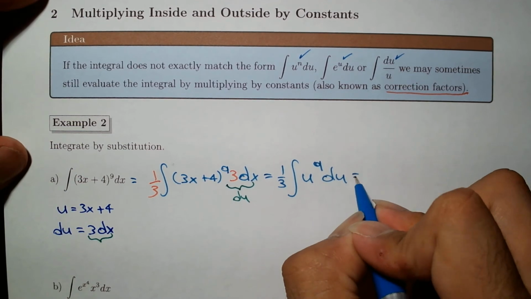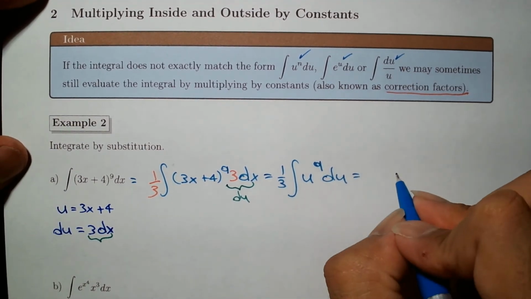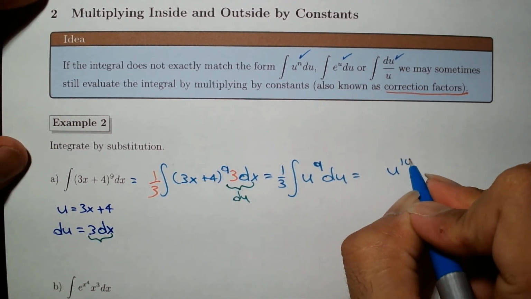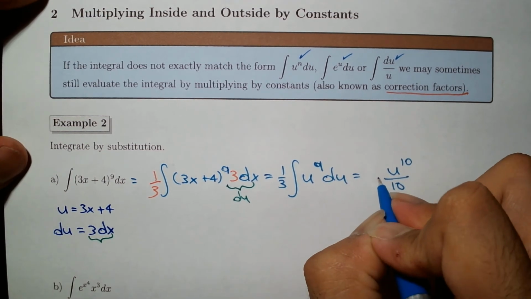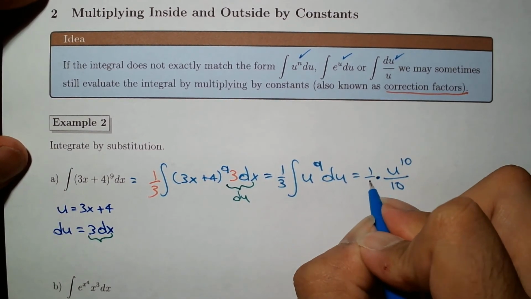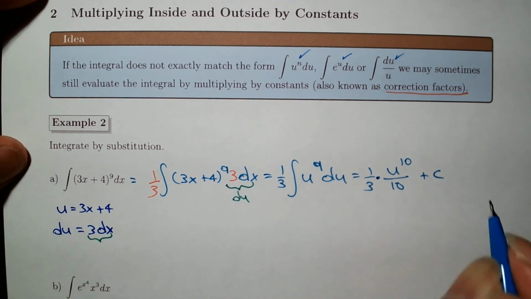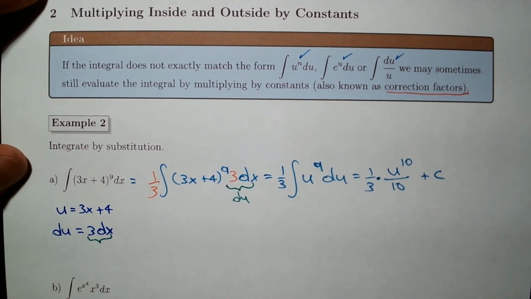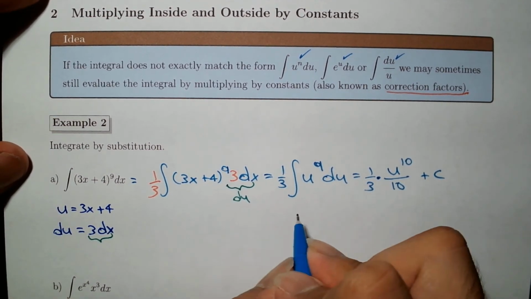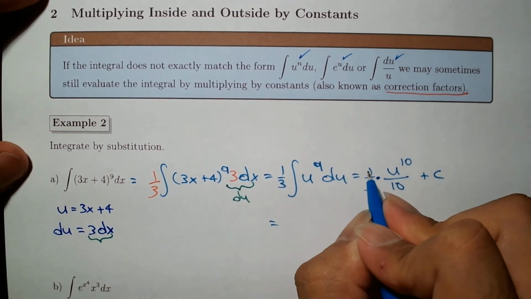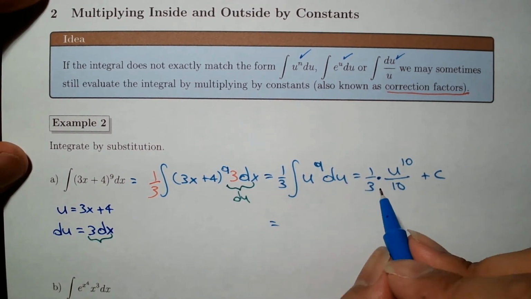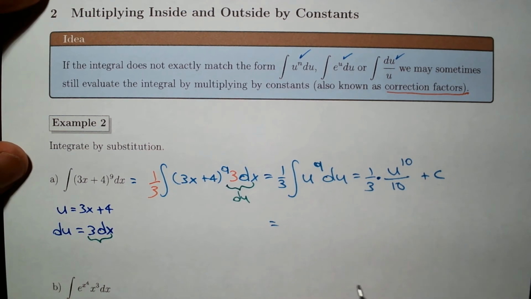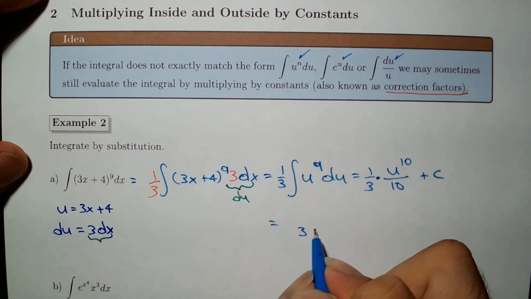So the integral of u to the 9th will be u to the 10th divided by 10, but don't forget this 1/3 in the front, plus c. We are essentially done with the calculus. Let's simplify this. On the one hand, 1 times u to the 10th; let me do the denominator, 3 times 10, that's 30.